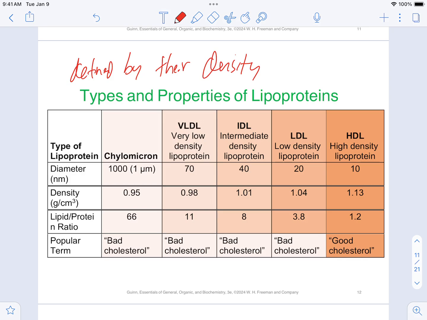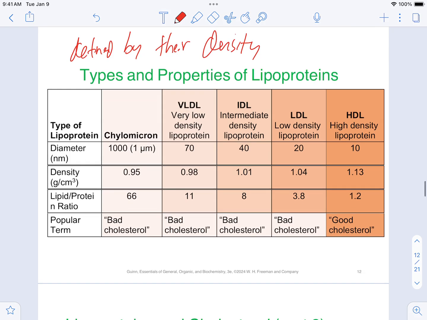The greater the lipid content, the less dense it is. I think we should write that: greater lipid content, the less dense. So these lipoproteins, they have a lipid portion and a protein portion.